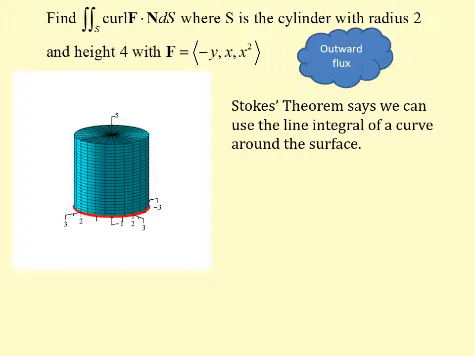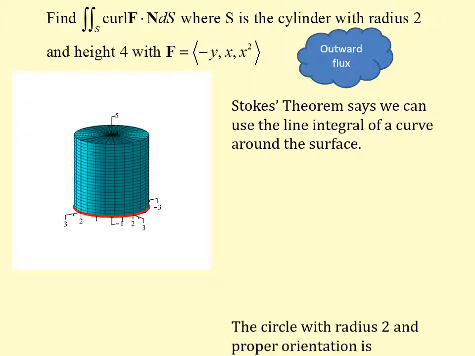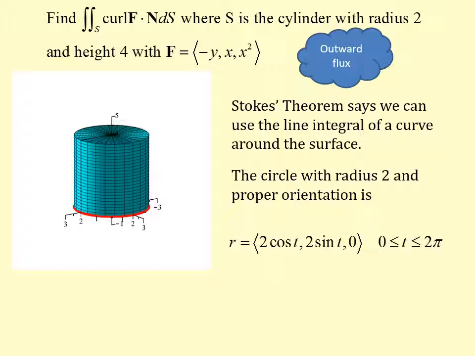Now I'm going to choose the red line that I've drawn on here in the XY plane, since that is pretty easy to describe. That's a circle with a radius 2 oriented counterclockwise.